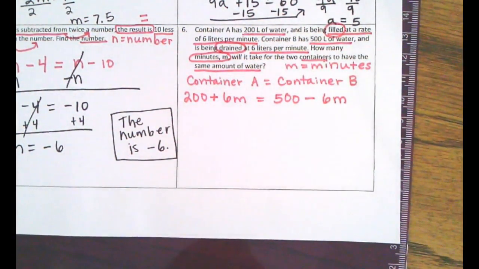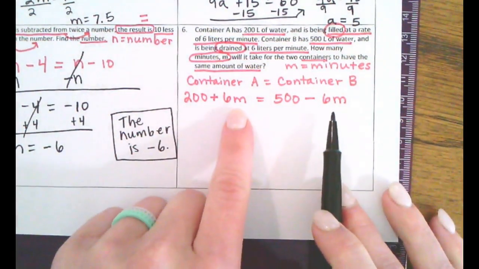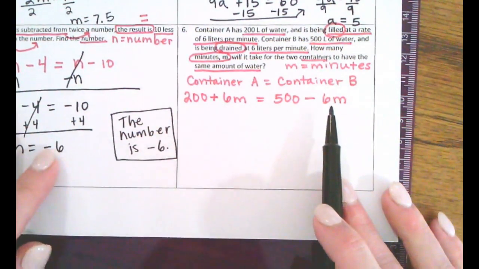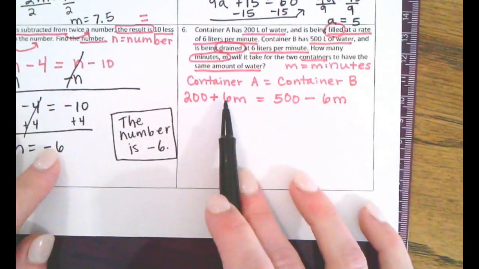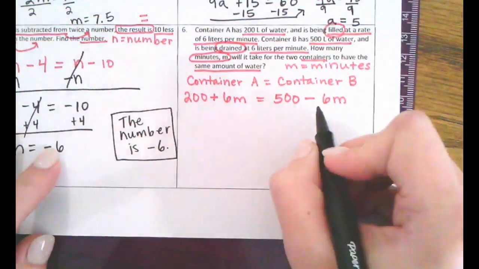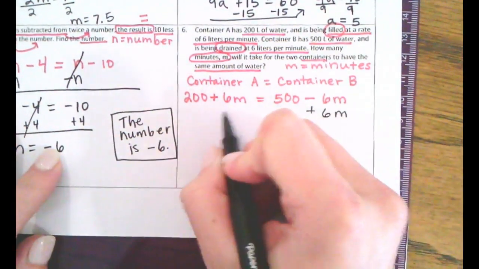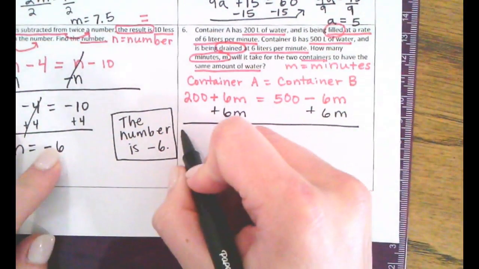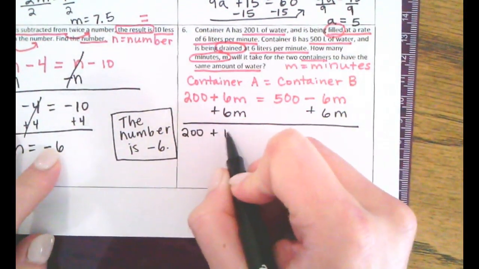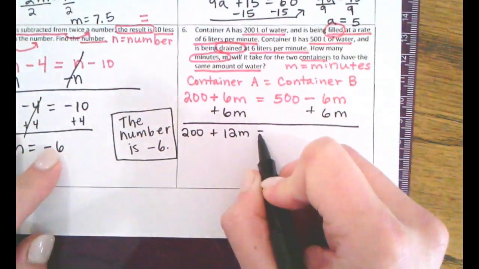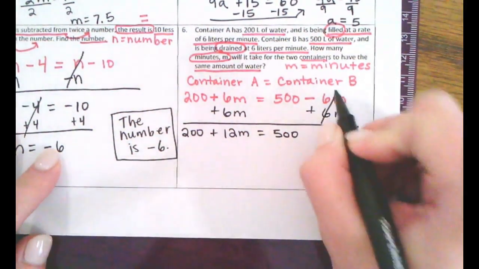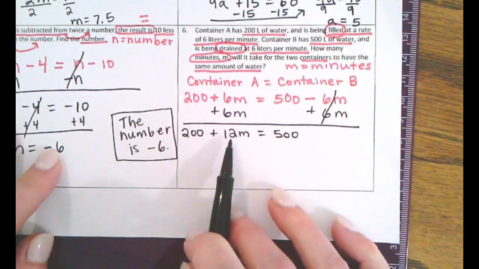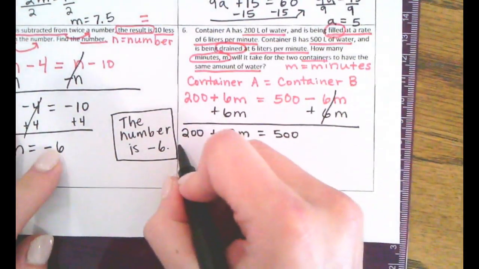And now we can solve our problem. We have variables on both sides, 6m and negative 6m. Negative 6 is smaller than positive 6. So I'm going to add 6m to both sides of the equation. And I have 200 plus 12m equals 500. Next, I need to get m by itself, so I'm going to subtract 200.